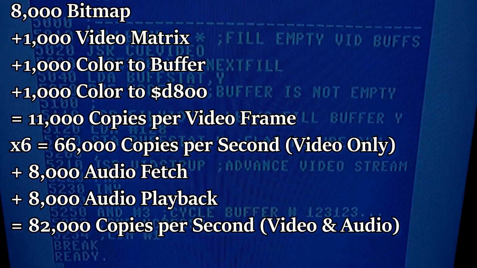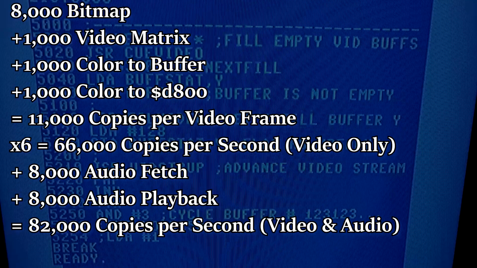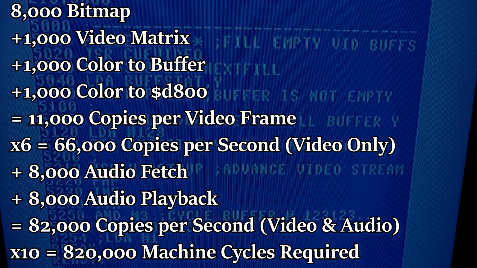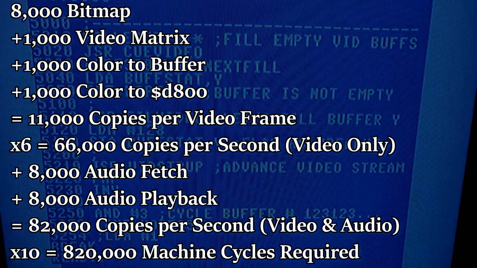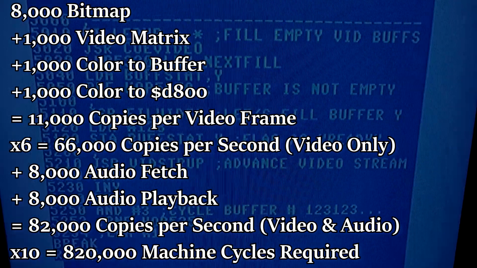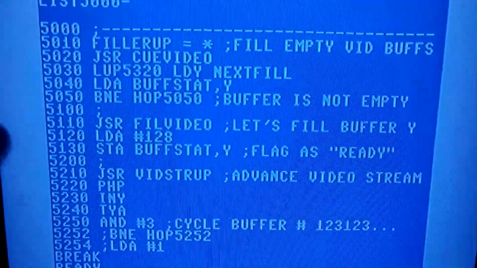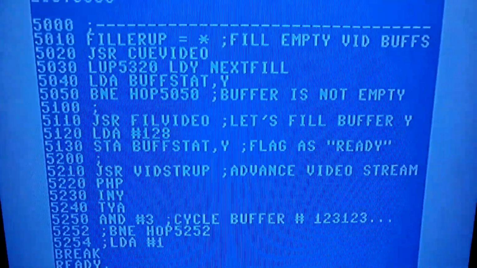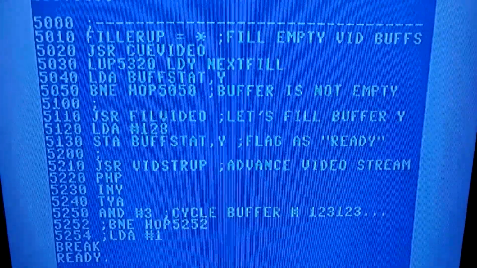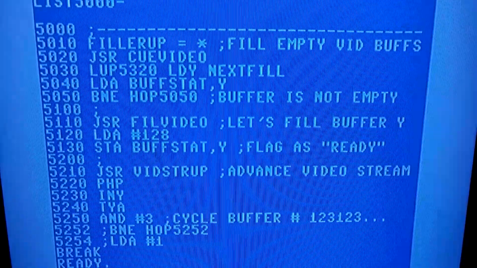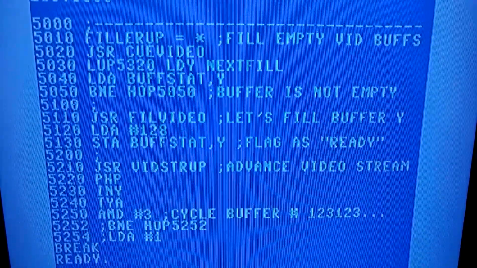At 82,000, say 10 cycles per byte, well, 820,000. As you can see, we're almost hitting our million right there. And that's not with all this other code running. So if I can make this leaner and meaner, I will be able to get close to 6 frames per second.